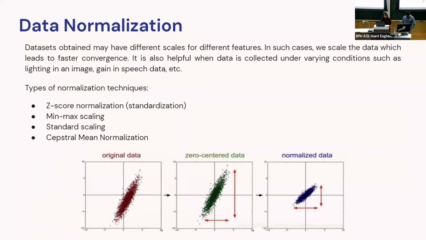The other technique is data normalization, where the data set that we have has different scales for different features. In order to have better and faster convergence, it is always advisable that we apply data normalization to the data.